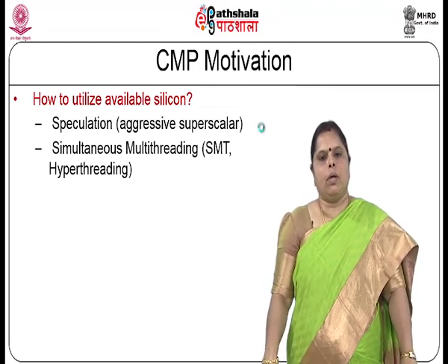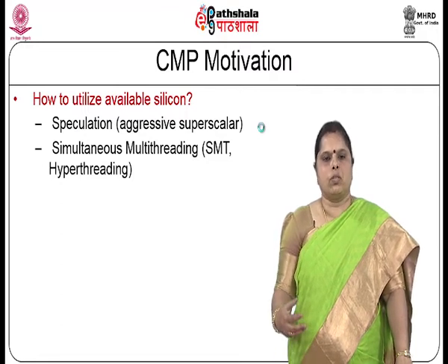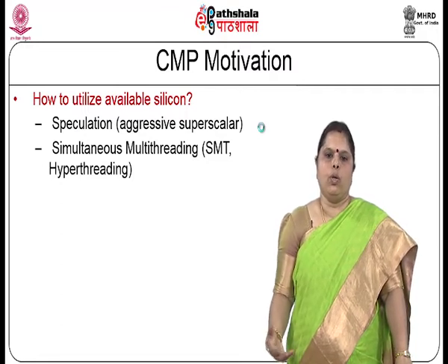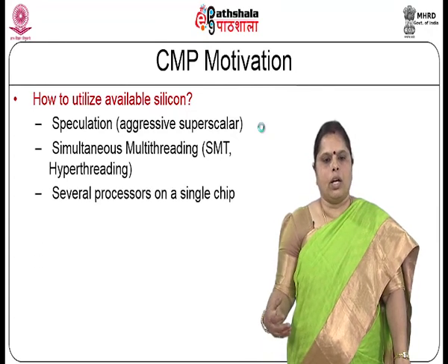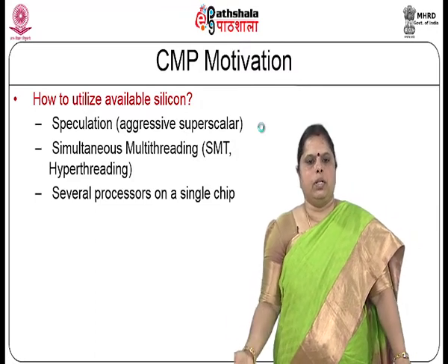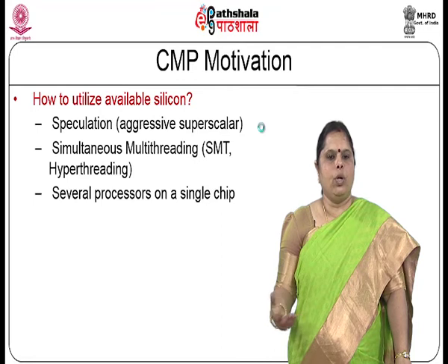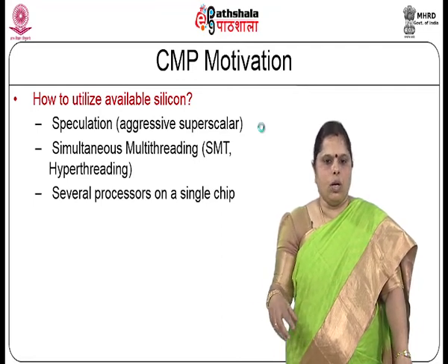Are you looking at making your processor more and more powerful by going in for speculation support, what is called an aggressive superscalar, or are you trying to provide support for simultaneous multi-threading with SMT support or hyper-threading?